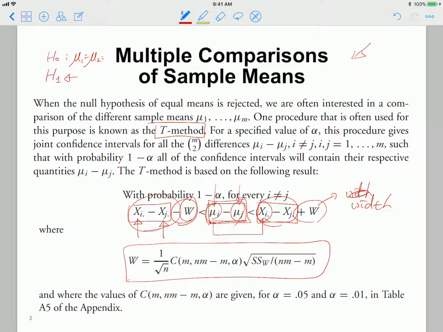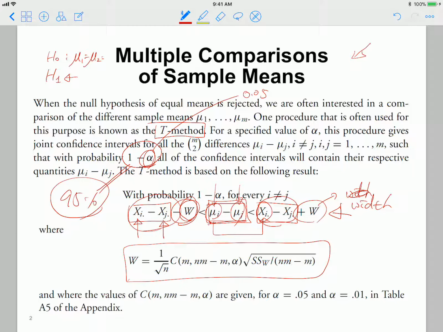Okay, and just like in other interval estimate settings, we usually start with this alpha value. That was the confidence level in this interval estimate. So if alpha was 0.05, then we want to cover 95% of the cases by using this interval estimate.